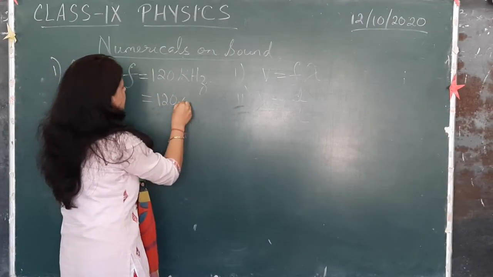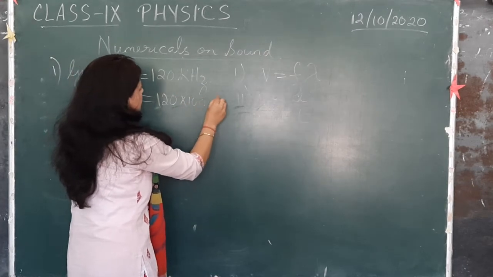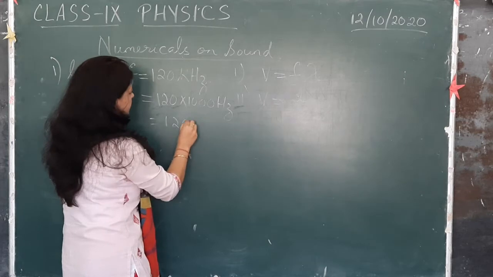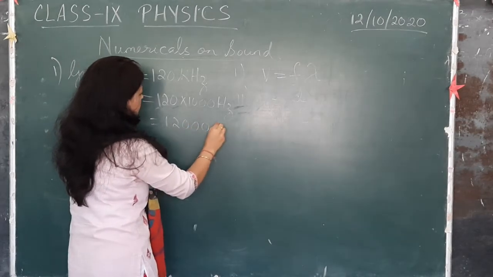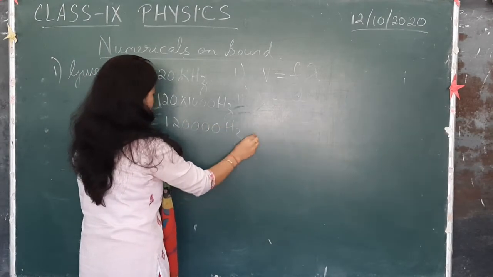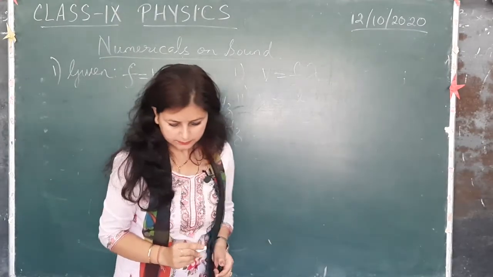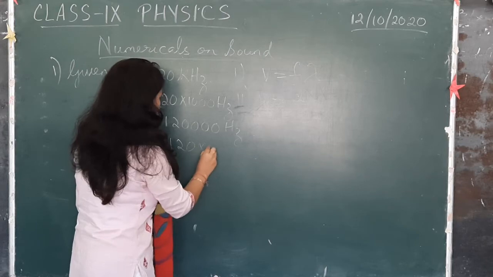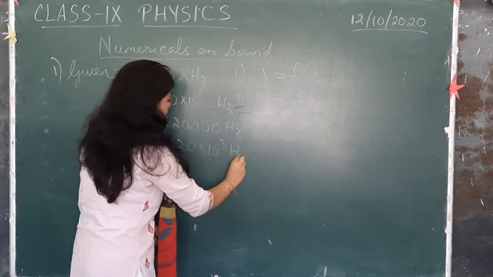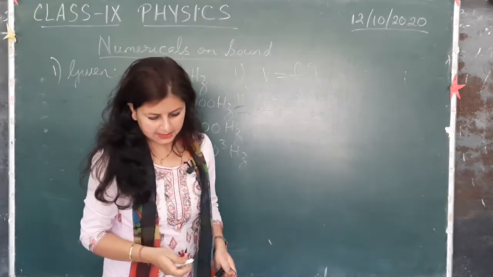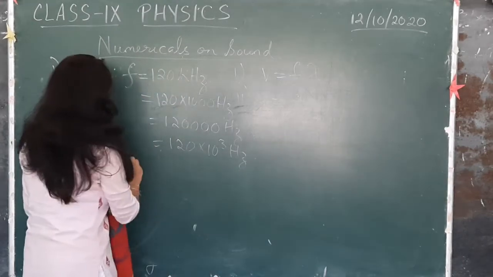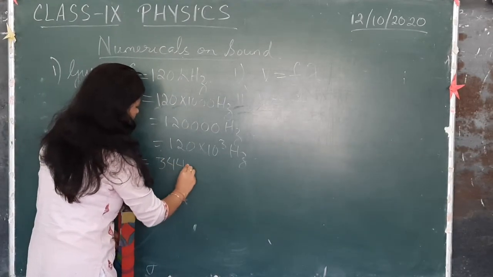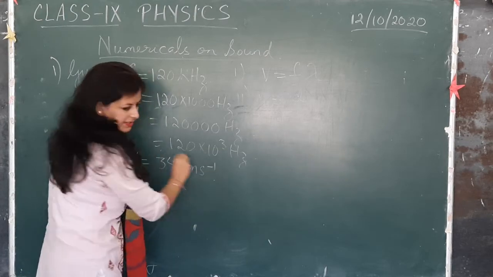So 120 into 1000 hertz, which is 120,000 hertz. Or you can write it as 120 into 10 to the power 3 hertz. Next, velocity is given: 344 meter per second.